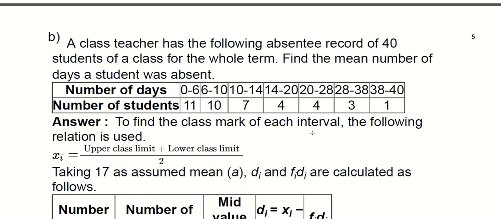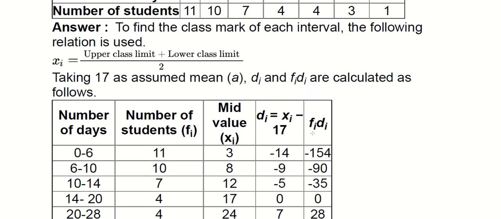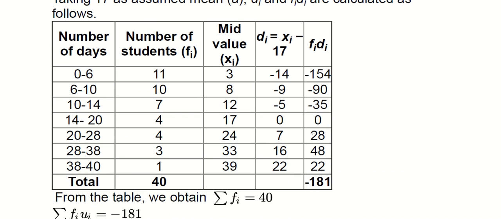So this is a basic sum only. Okay, so the number of days is given, that is the class interval given. Then you have to find the mid value. Mid value means add these two numbers and divide by 2, so it will be 3. Same method, 16 by 2 is 8, like that find the mid value. Then d, if you don't know the d method, directly find f into x.